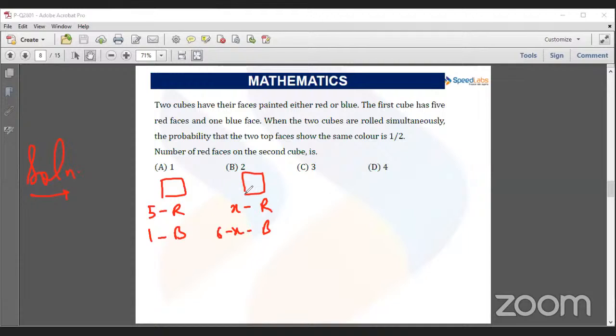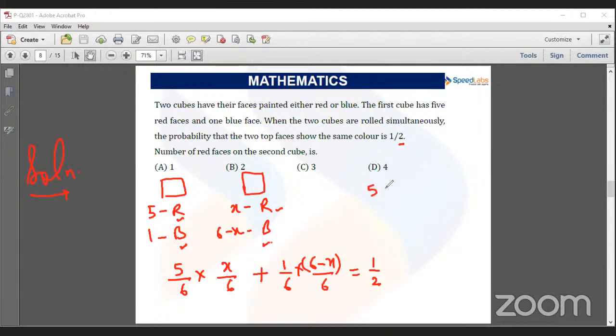Okay, so now we have one cube which has 5 red and 1 blue face, and the other with x red and 6 minus x blue faces. When we roll them simultaneously, the probability that the two top faces show the same color is half. If they show red, it will be 5 by 6 from the first cube and x by 6 from the second one, plus if they show blue, it will be 1 by 6 into 6 minus x by 6, and that sums up to half.